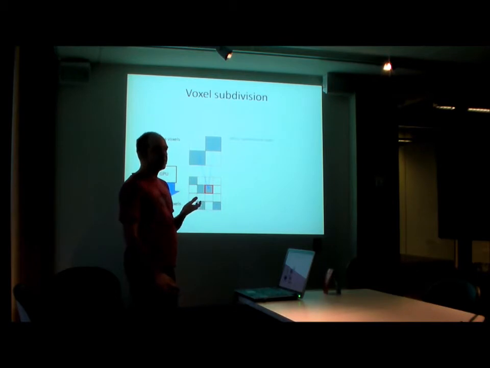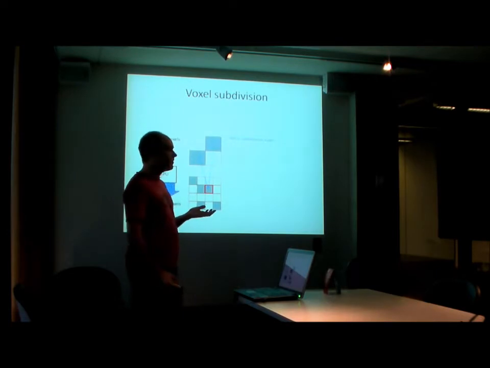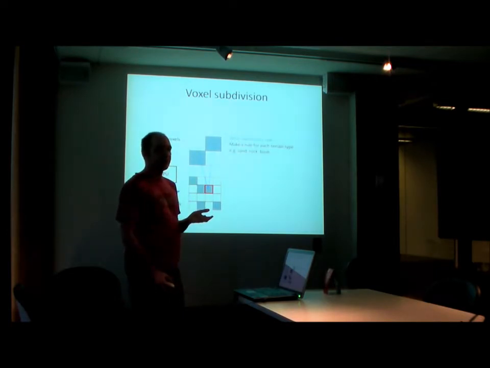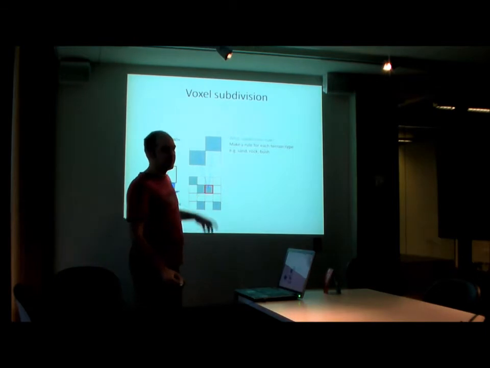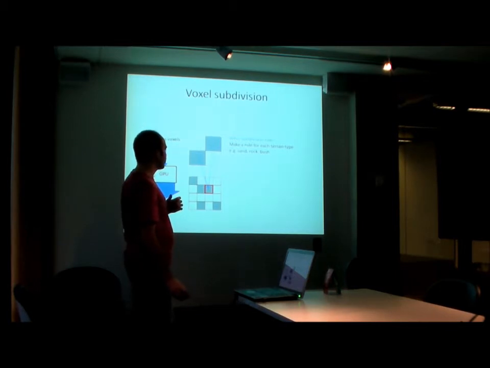So what subdivision rule do we use? There's a lot of different ones. If we're making a game, what we really want is a different rule for each terrain type, because different rules are going to come up with different shapes and different textures of results.